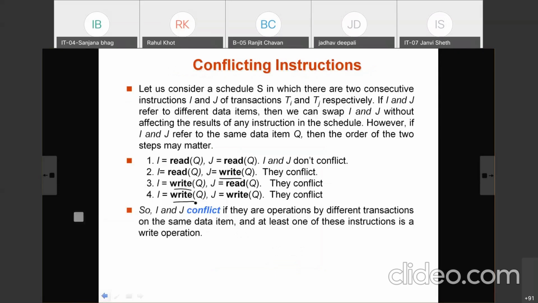Then we can say I and J conflict with each other. We cannot swap these instructions. Is it clear to everyone?